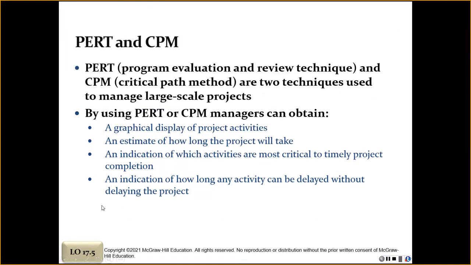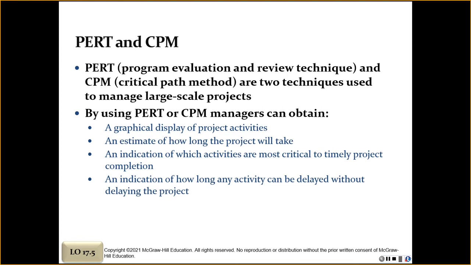PERT, which is short for Program Evaluation and Review Technique, and CPM, Critical Path Method, are two techniques used to manage large-scale projects. By using PERT or CPM, managers can get a graphical display of project activities.